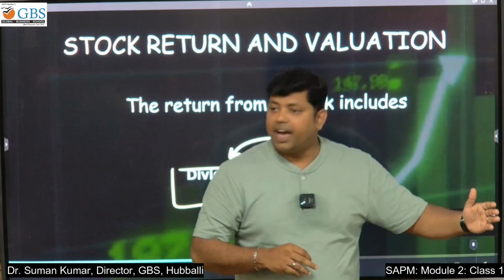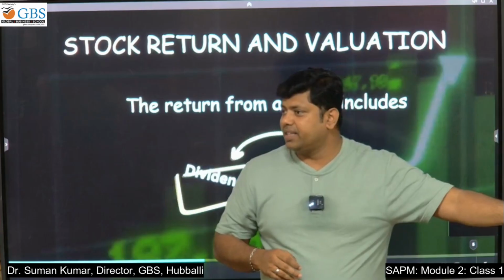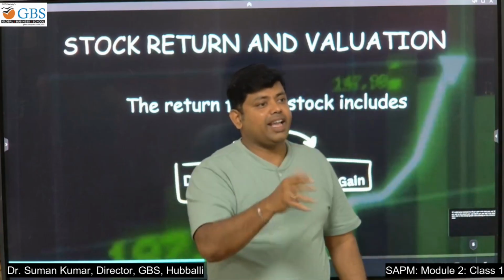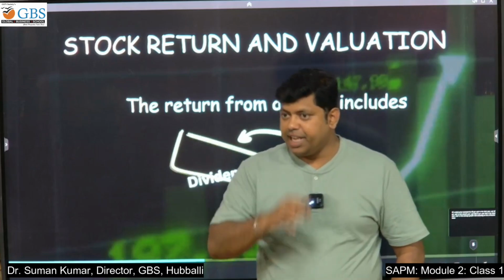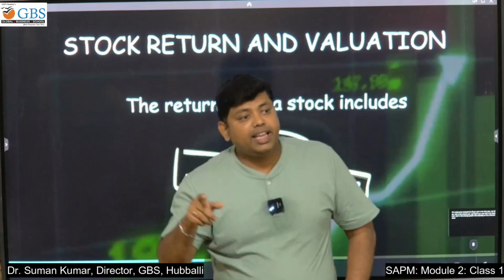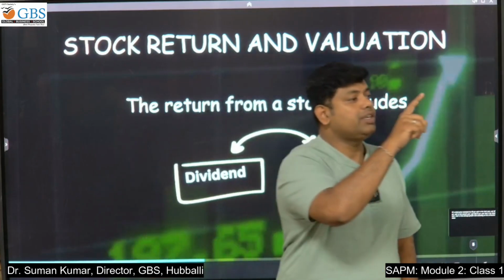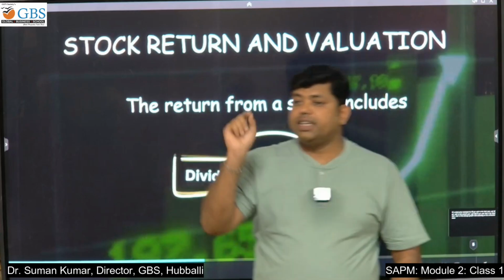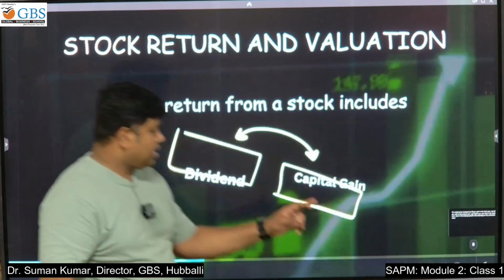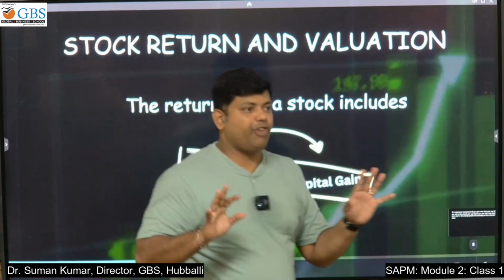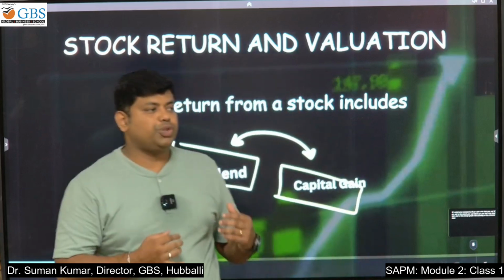The 3,000 rupees may become 3,700 after 6 months. Let us say it became 3,200. From 3,000 it went to 3,200. So what is the difference? 200 rupees. That is what we call capital gain. Very simple. Clear?